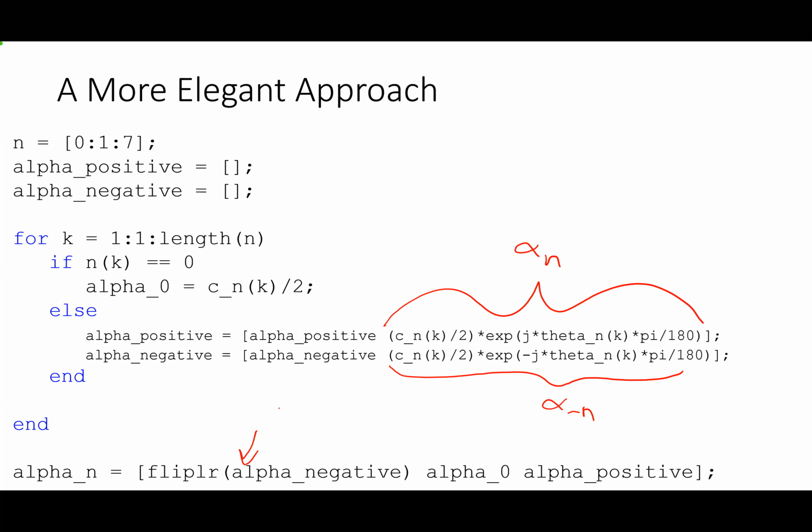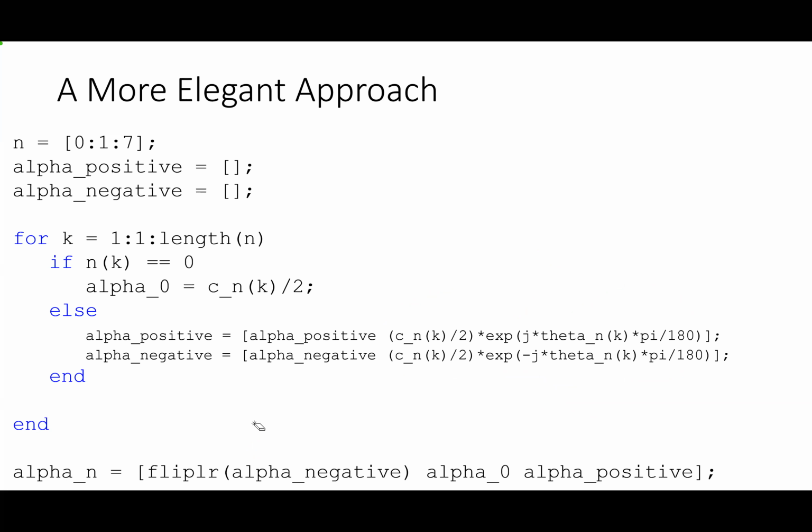Now, when I say if n of k equals 0, what's that if statement doing for me? What's happening at n of k equals 0? It's for you to take care of that DC. Yeah, it's for the DC part.